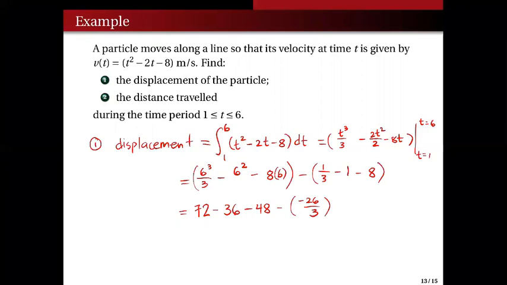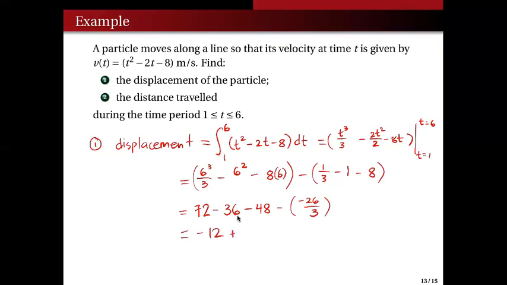So calculate that. What will we get? 72 minus 36, that's positive 36. So 36 minus 48, that's minus 12.